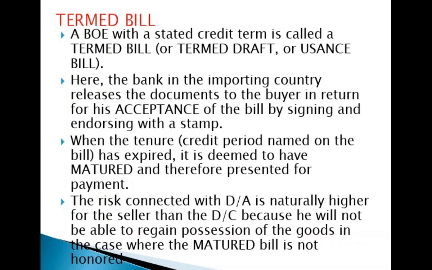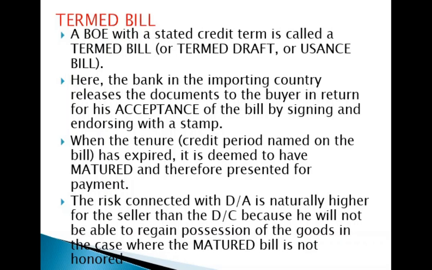Now, here on the termed bill, the bank in the importing country releases the documents to the buyer in return for the buyer's acceptance of the bill by signing and endorsing with a stamp. When the tenure or credit period named on the bill has expired, it is deemed to have matured and therefore presented for payment.